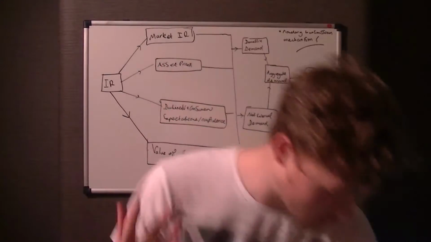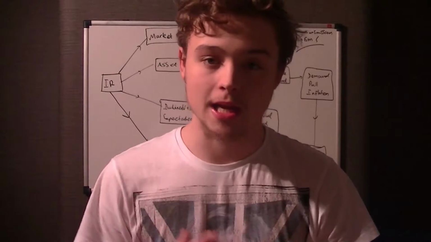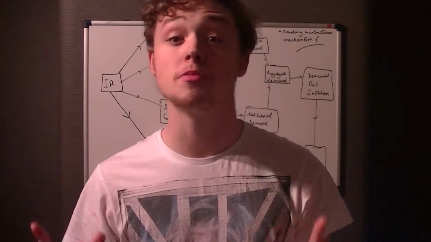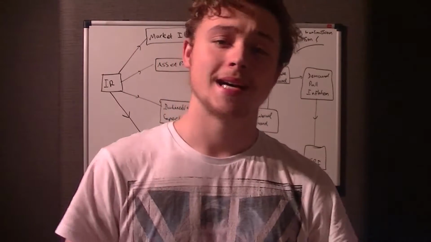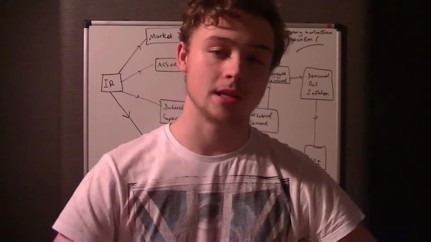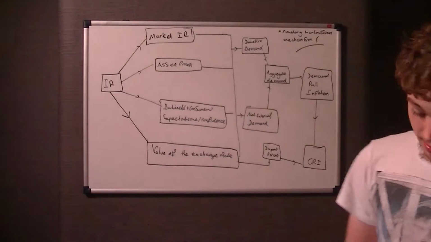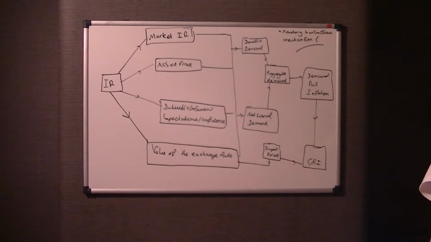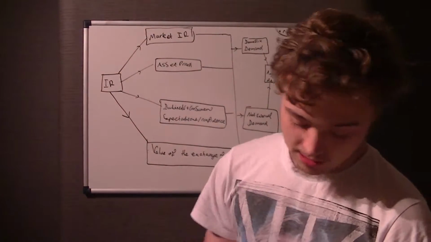But for the benefit of those that can't be bothered, I'm going to give a bit of a recap of monetary policy. Not too much, because there is a video on that and I don't want to add another 40 minutes to this. Monetary policy is looking at the interest rate, which leads to the exchange rate, and the money supply, or something I discussed in the other video called quantitative easing.